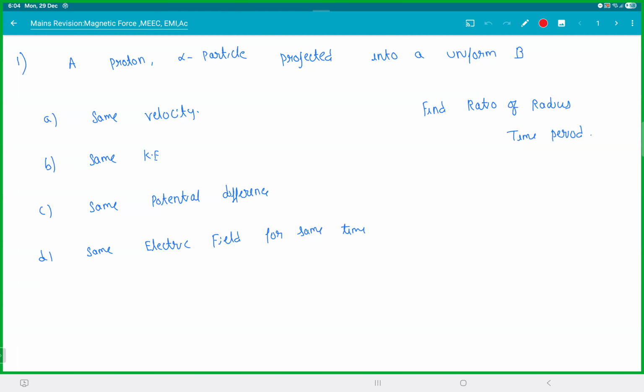There are four questions there. Hope you remember the formulas: radius is mv by qB, and time period is 2 pi m by qB.